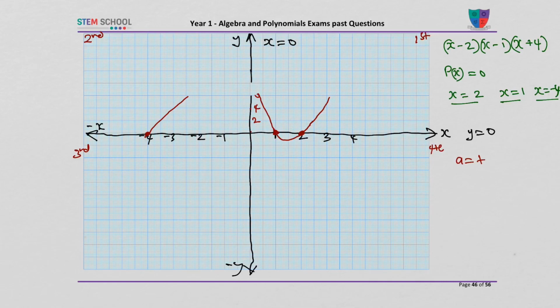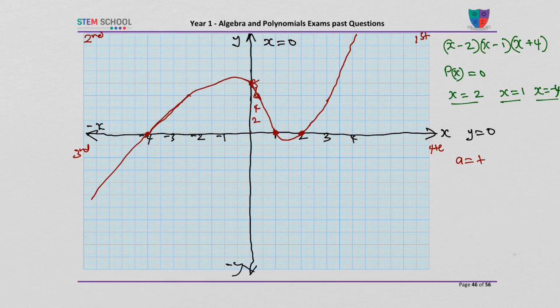And this curve will be intercepting 8, crossing the 8 there, going all the way to infinity. Now, because A is positive, we start from the third quadrant. And that's what the graph will look like.